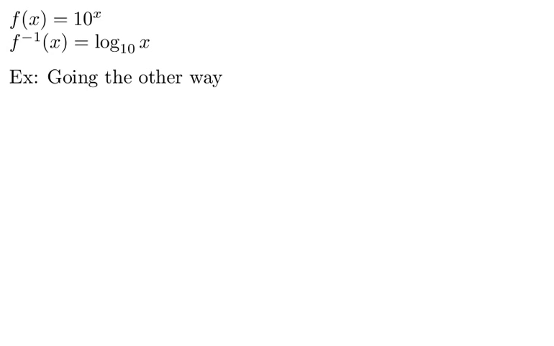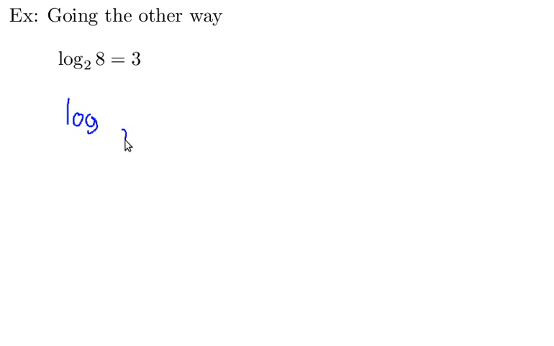So example for going the other way. So let's say we have log base 2 of 8 equals 3. Well, it's actually the exact same type of thing. We also go clockwise. So let me write this out with a little bit more room.